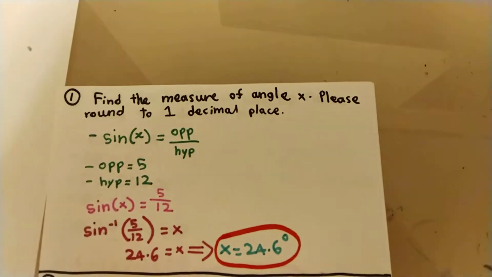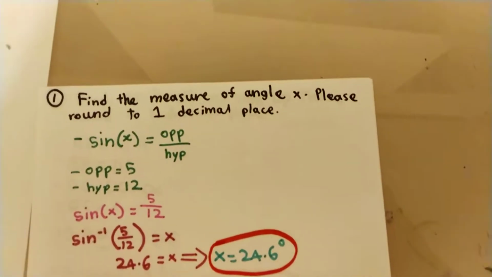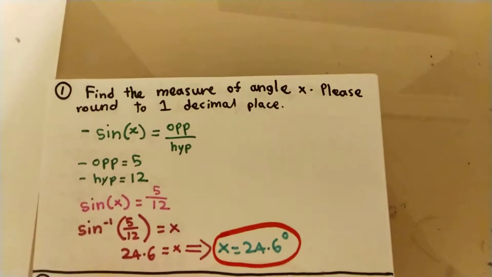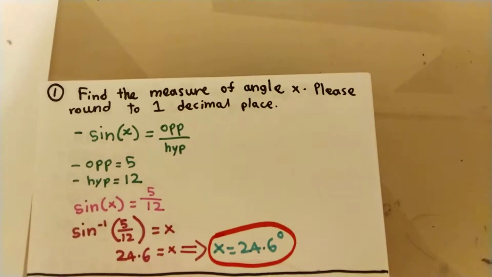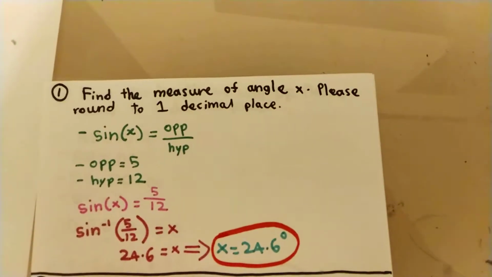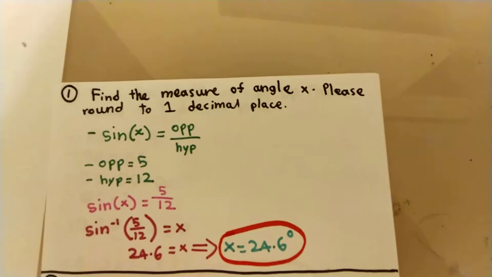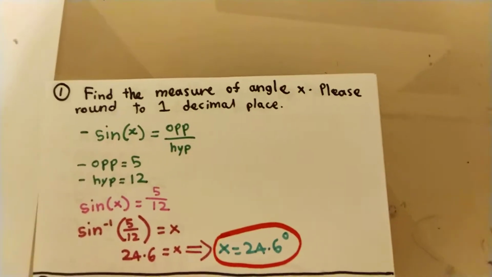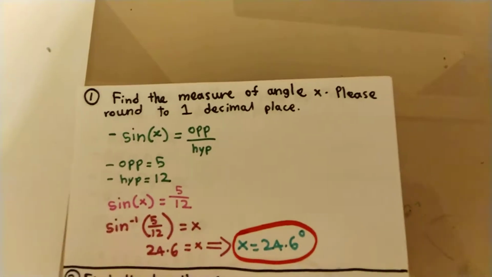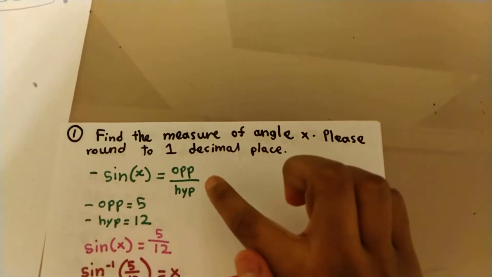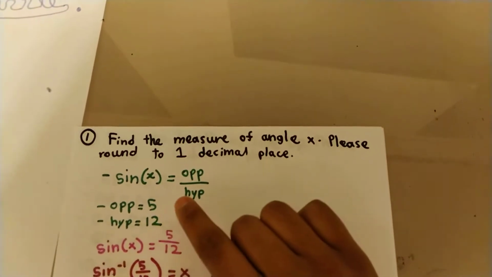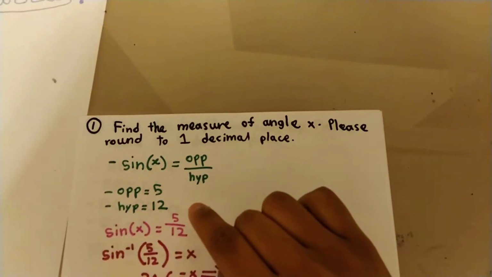Anyway, find the measure of angle X. Please round to 1 decimal place. For this one, I used the inverse sine to find the angle. I used sine of x equals opposite over hypotenuse, where the opposite is 5 and the hypotenuse is 12.